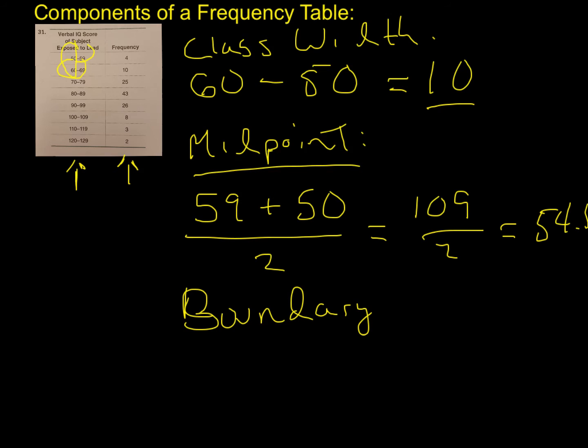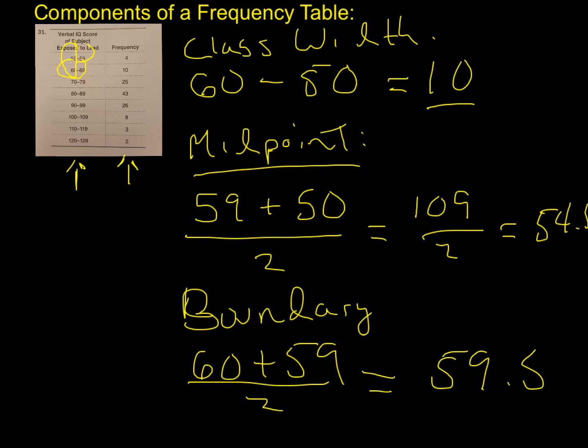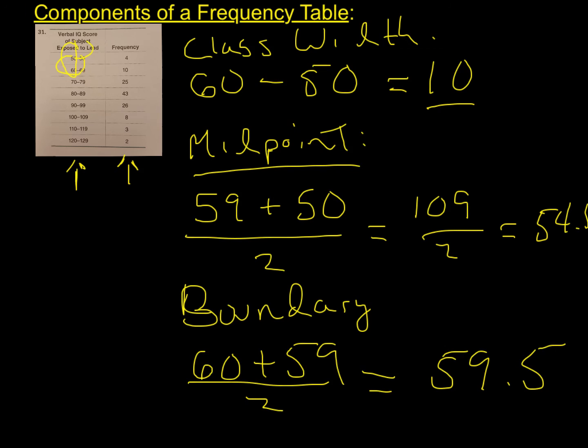So we take 60 and add 59, and then divide by 2, and that will result in 59.5. Now, since we know how to calculate any given one of these values, we can simply add the class width over and over again until we have all our class midpoints and all our class boundaries.